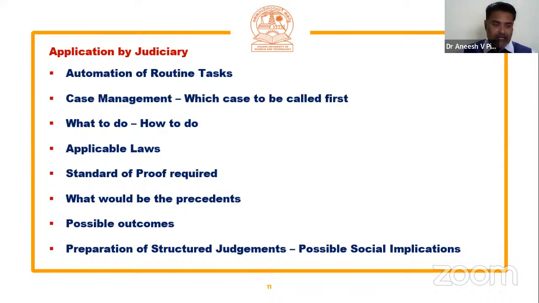Now, when they do so, sometimes human error may happen. Sometimes they may overlook, or sometimes unintentionally they may not give much attention to a particular document, and that may adversely affect the quality of the judgment. Sometimes it may cause injustice also.